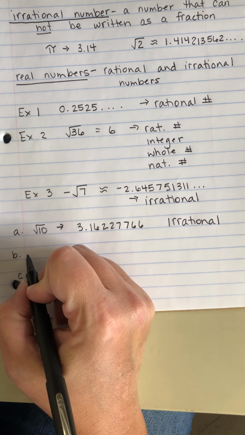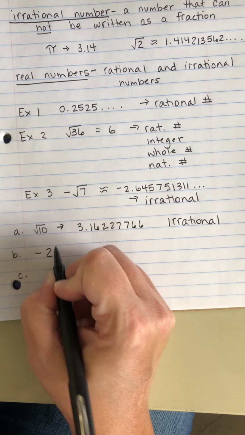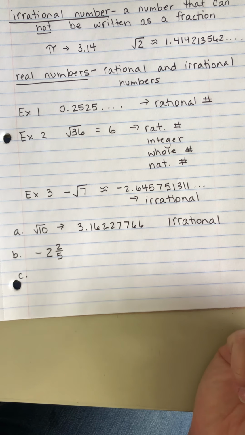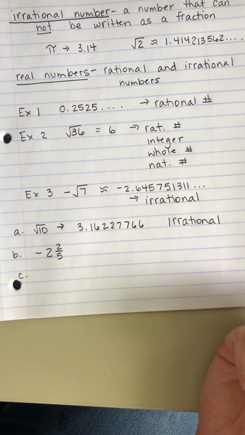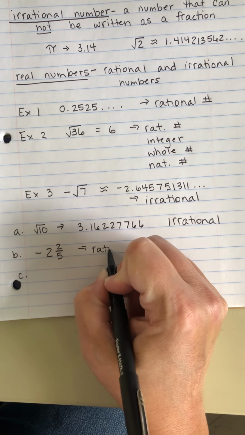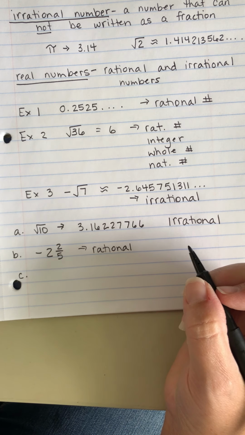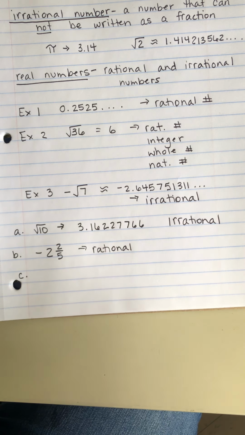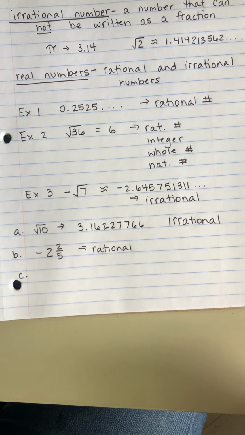Okay, B, negative 2 and 2/5. Well, it is a fraction, and it's already written as a fraction, so I know that it belongs to rational numbers. Next inside would be integers. It is not whole, it has a fraction included, so it would not fall under the integer category.